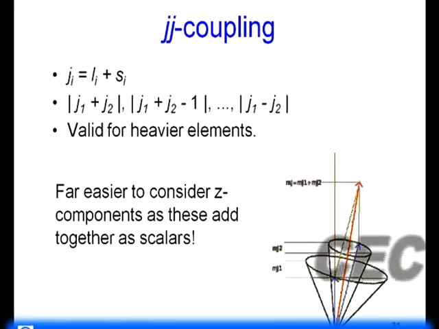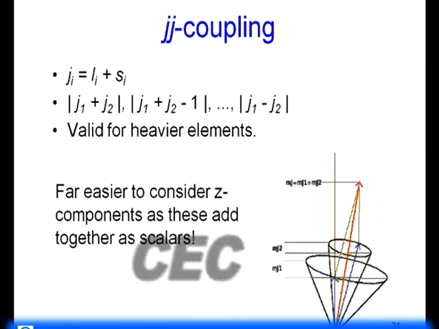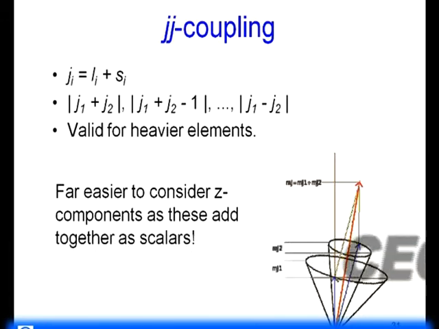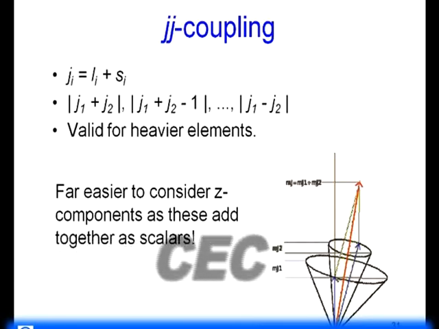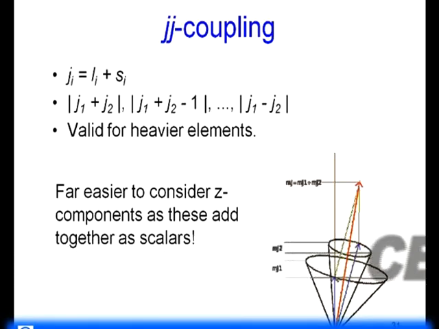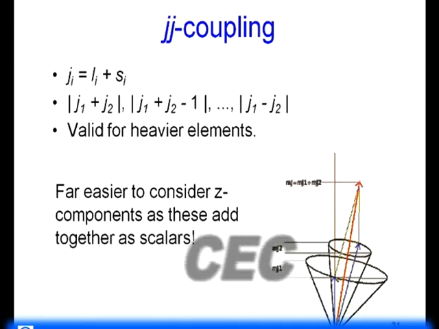When we talk about a single electron, we use lowercase letters, and when we talk about the combined system, we use capital letters. So each individual electron will combine its L and S values. Once you have got all of these, then you get the total J, the capital J quantum number, again by combining all the ji's, and this is done for 2 electrons, j1 plus j2 up to j1 minus j2, and this is the scheme which is valid for heavier elements.